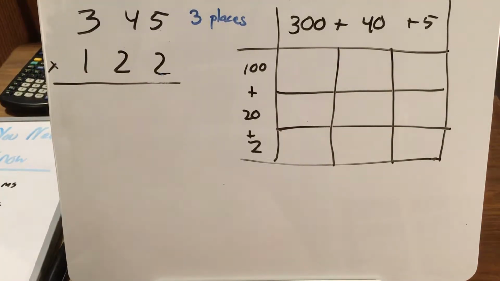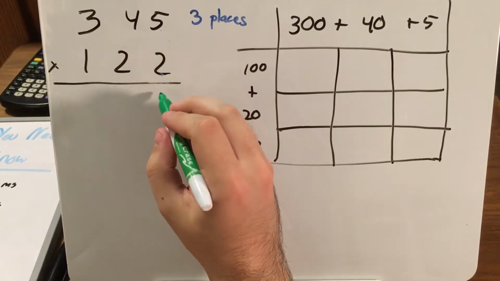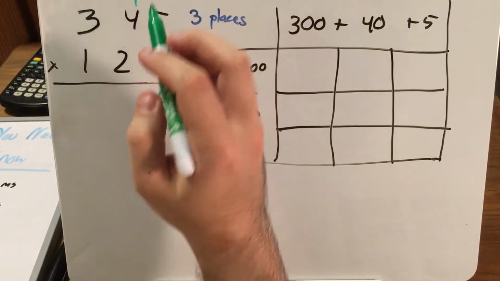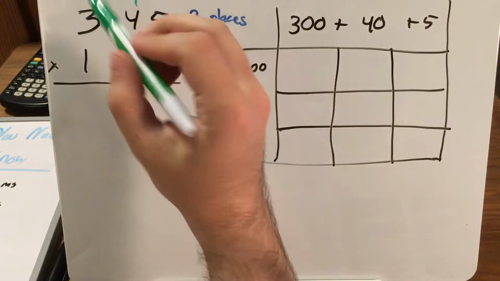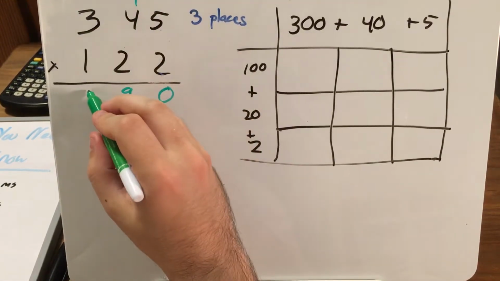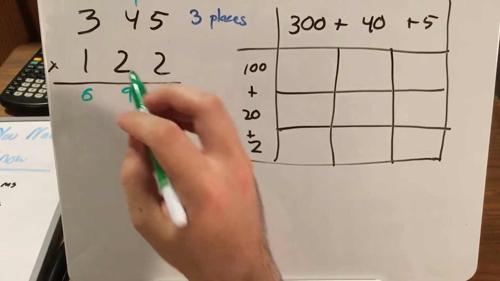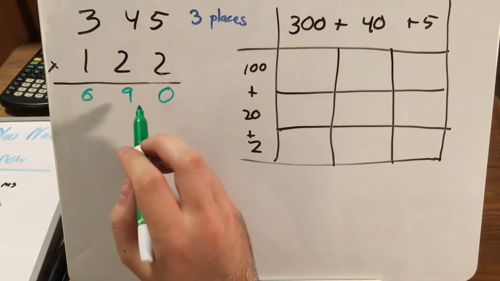I'm going to start by taking my 2 ones and multiplying it by 5 ones to get 10 ones, also known as 0 ones and 1 ten. I multiply 2 by 4 to get 8, add 1 to get 9 tens. I multiply 2 by 3 to get 6. So I've essentially just multiplied 345 by 2 to get 690.